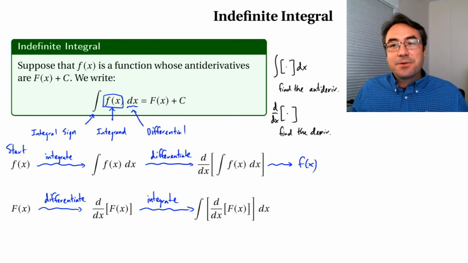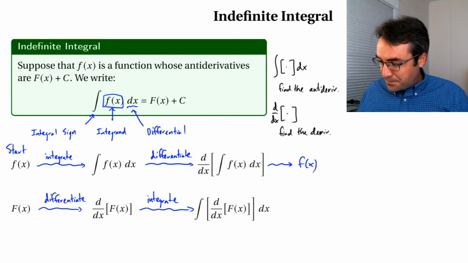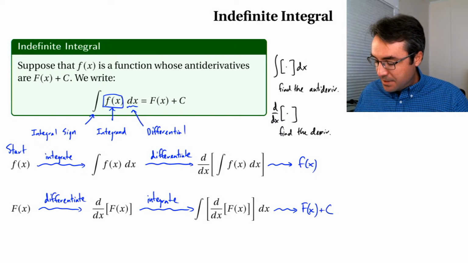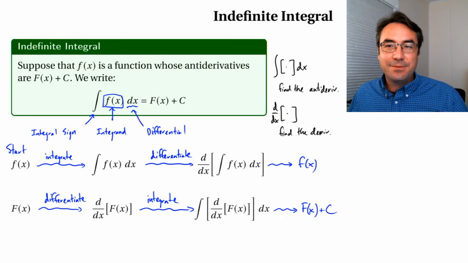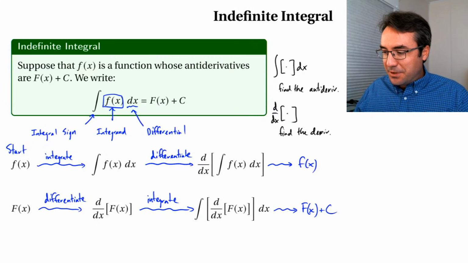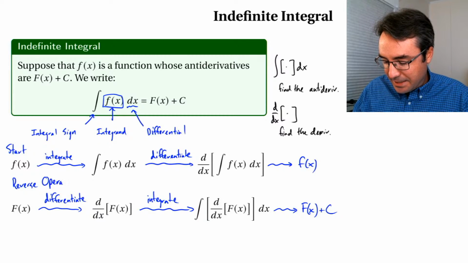We could think of the integral sign and the derivative as almost canceling out. And what we get out here is capital F of x, but not quite. We have a plus c here. And so these are really almost reverse operations. So that's the right context to think about this.